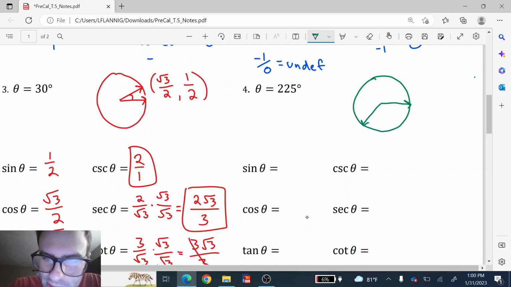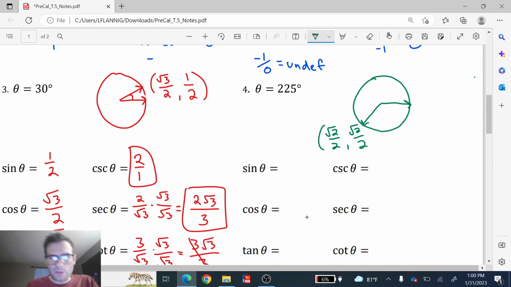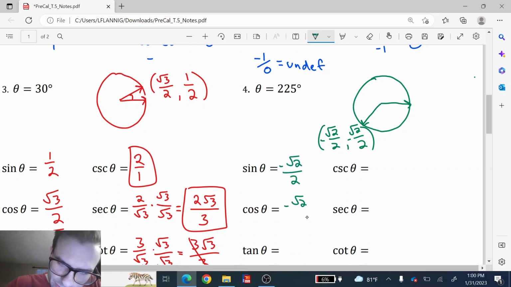This one's going to be somehow a root of 2 over 2 and a root of 2 over 2. But you have to figure out which ones are negative. And because this is in quadrant number 3, both are negative. If you remember our quadrant rules, if it's in the bottom left-hand corner, they're both negative. The sine and the cosine are actually the same thing here, because they're both negative square root of 2 over 2.